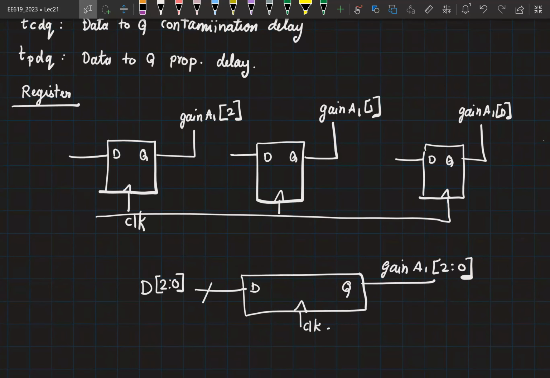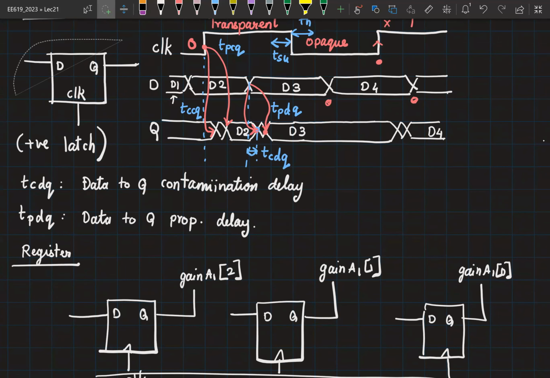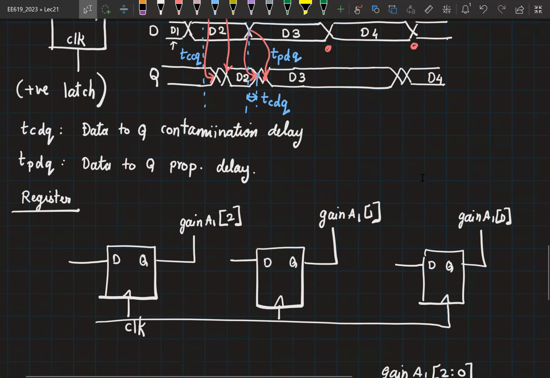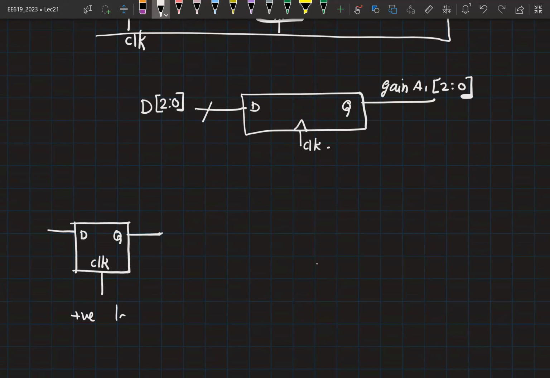So let me go back to the latch again. Right? And we said that this was a positive latch. If I had to describe its behavior between the inputs and the outputs, let's say in English, how would I write it?